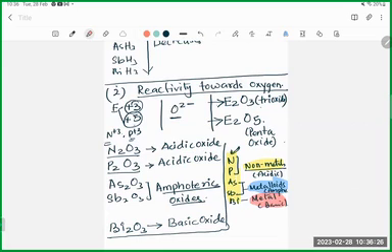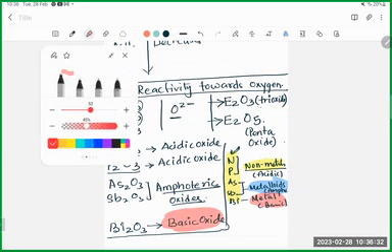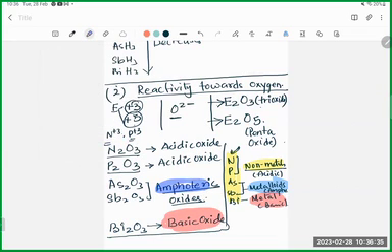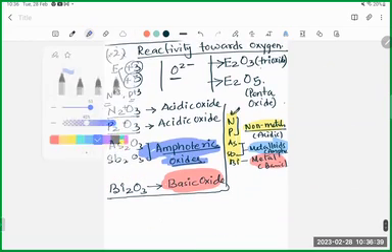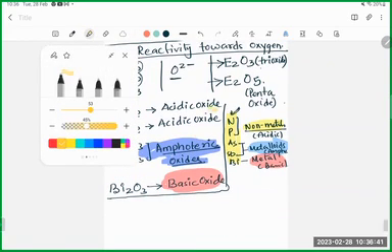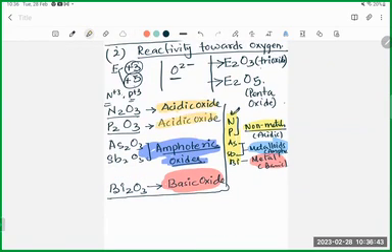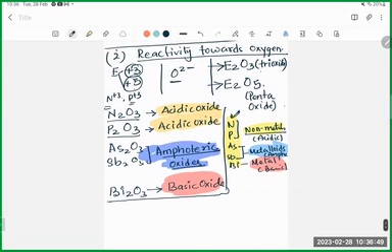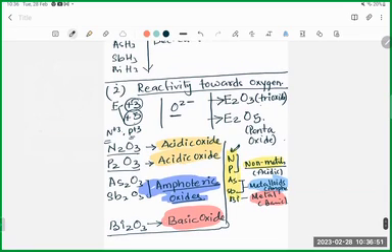Do remember these three: basic oxide because metallic, acidic because non-metal, and amphoteric because they are metalloids, having both metal and non-metal character. Very important question, a 1 mark question. Let me mark it here. It's a very important topic.